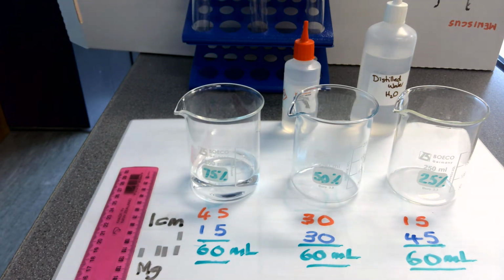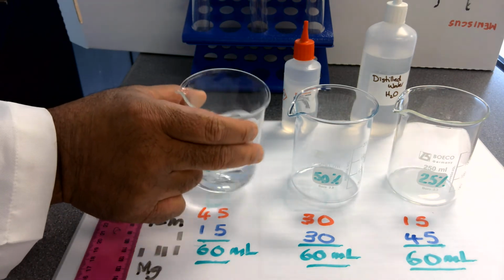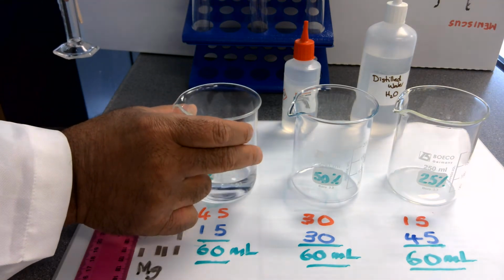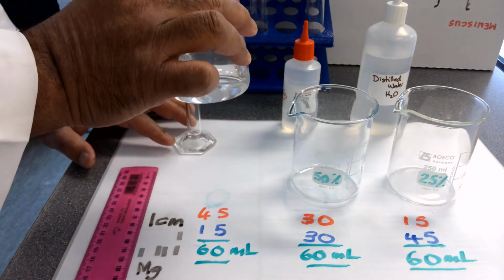Then I'm going to make sure they're well mixed, and measure 10 millilitres into a measuring cylinder 3 times.